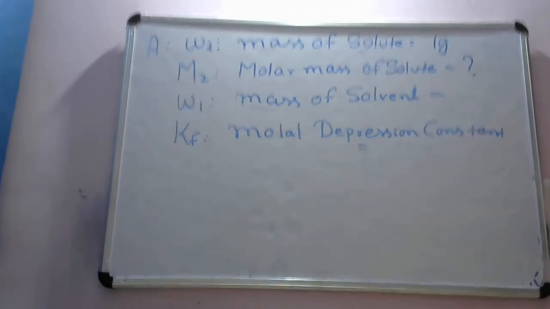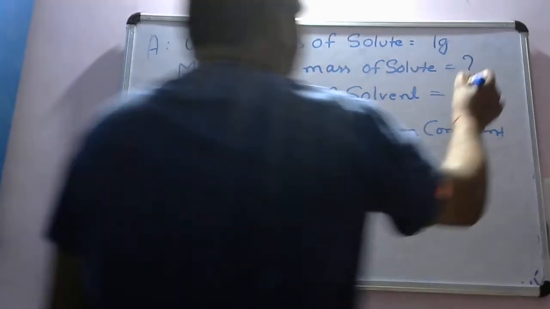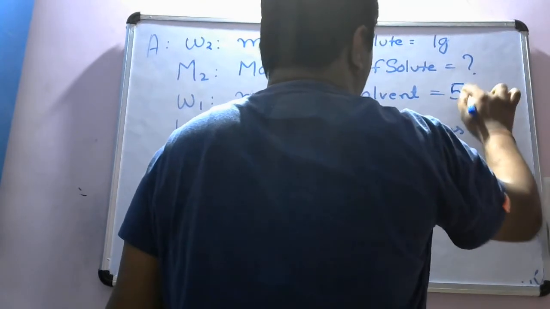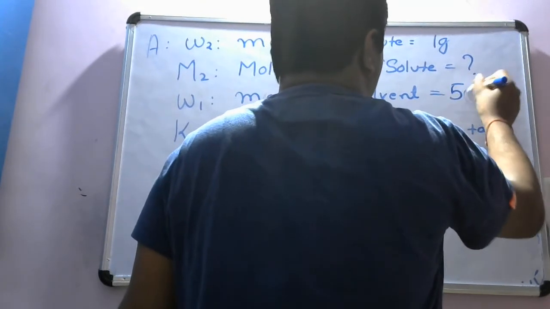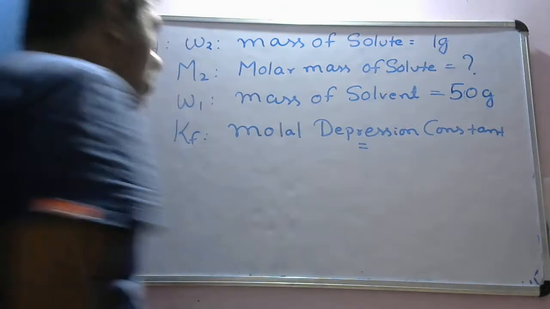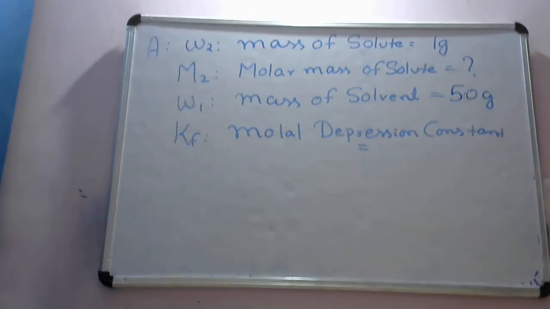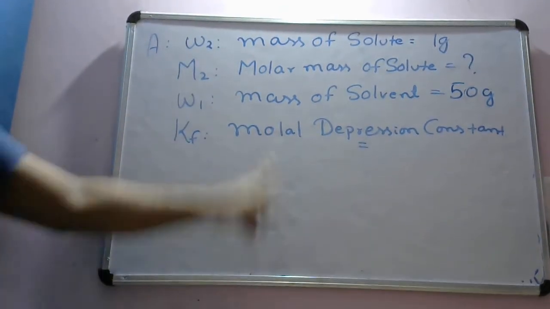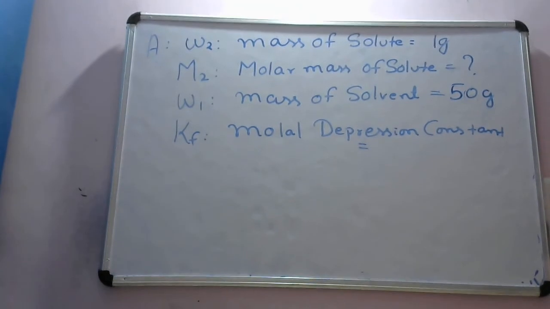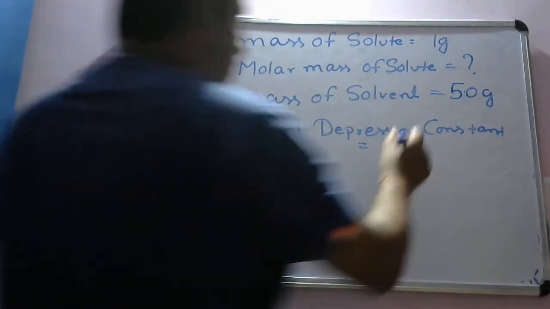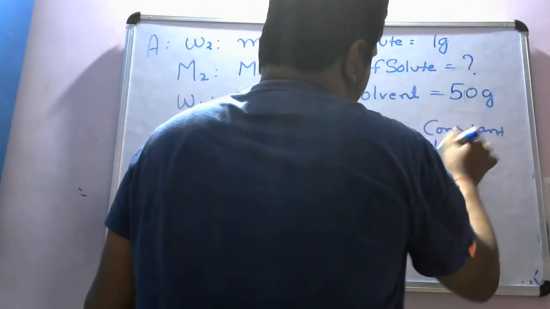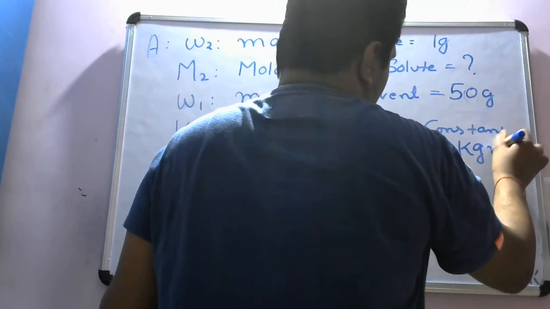Mass of solvent is also given, 50 grams. Molar depression constant is given, 5.12 Kelvin kg mole inverse.